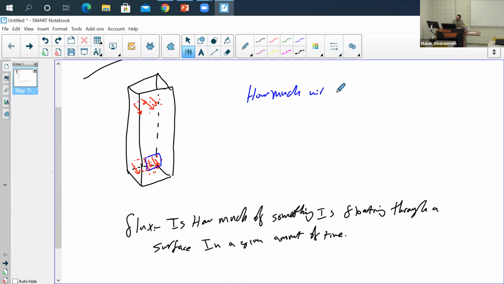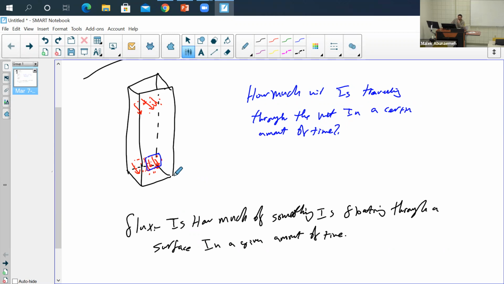How much air is traveling through the net in a certain amount of time. So let's say you put a net over there and you catch those air particles.